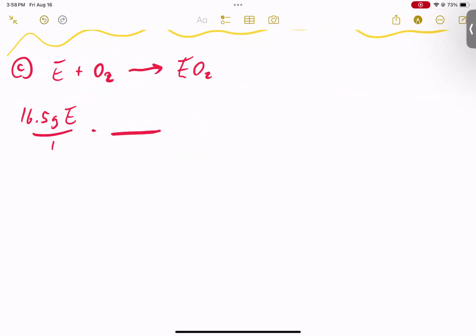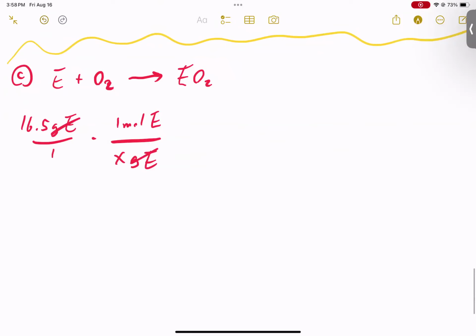If we use the molar mass, 1 mole of E has some number of grams of E. We don't know this because that's the molar mass; if we knew the molar mass, we'd know what this element is. So I'm going to use X as a placeholder. The grams of E cancel out, and I'm left with 16.5 over X moles of E.